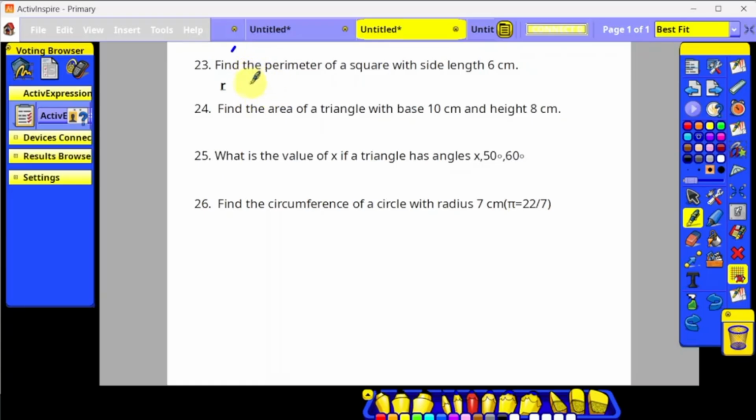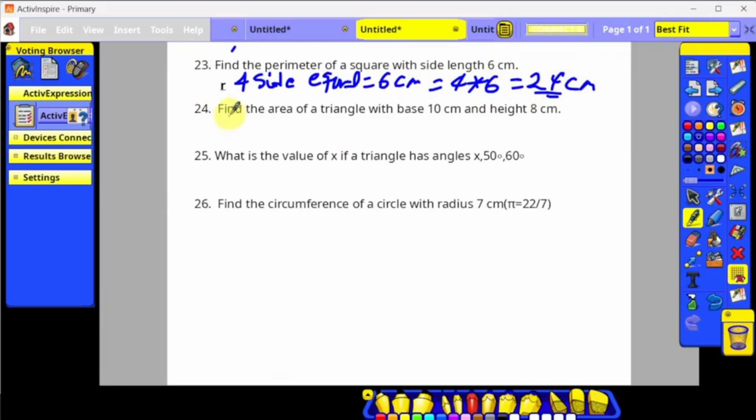A square has 4 sides, all sides equal, so each is 6 centimeters. So 4 times 6, which is equal to 24 centimeters, is the perimeter.